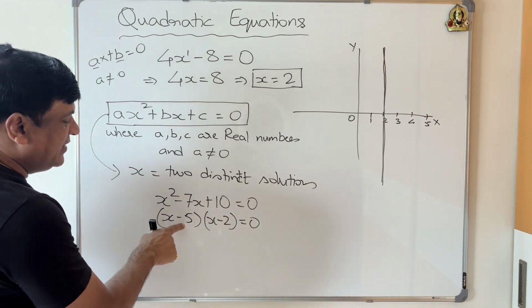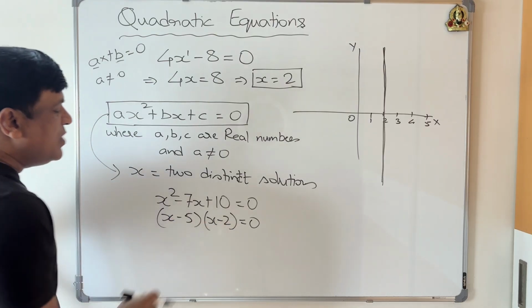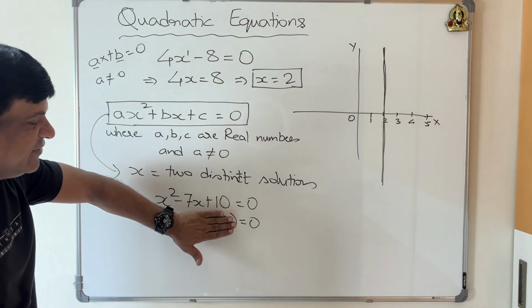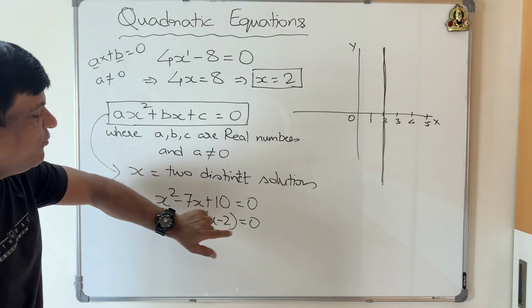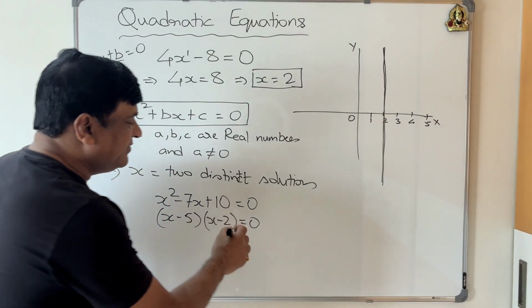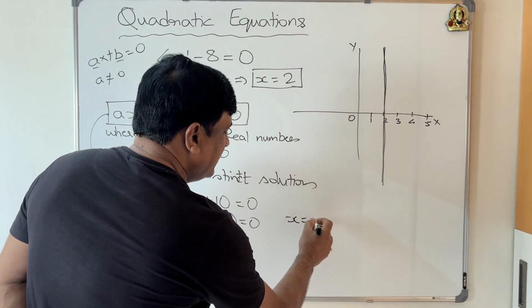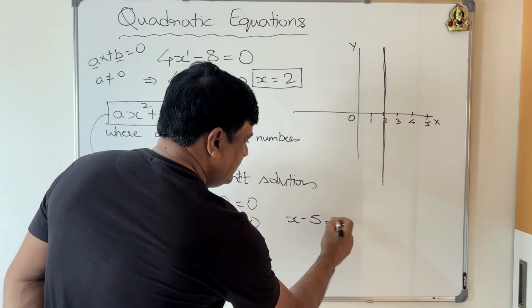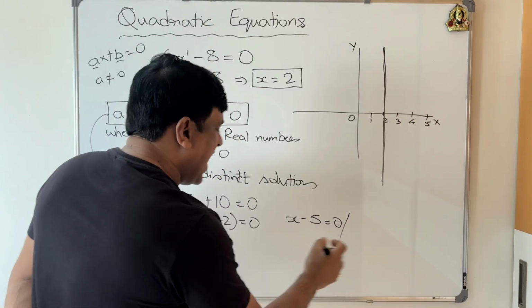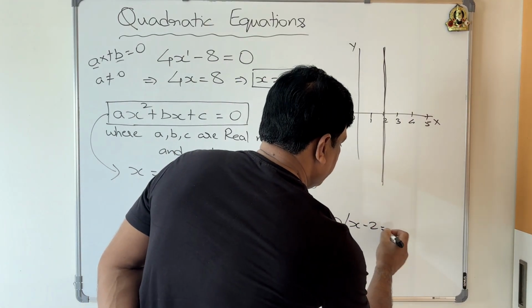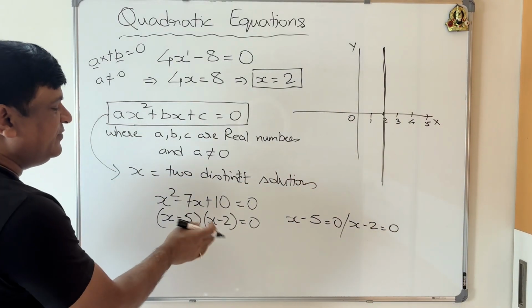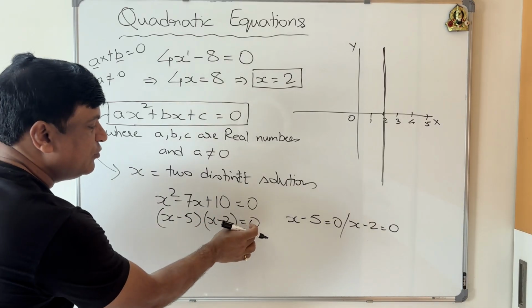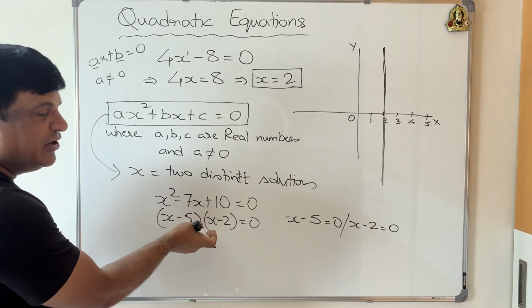Now when the product of two numbers, this is one number and this is a second number, is 0, we can safely assume that either x minus 5 is equal to 0 or x minus 2 is equal to 0. Either one has to be 0 or both can be 0. Then you are going to satisfy this particular equation.